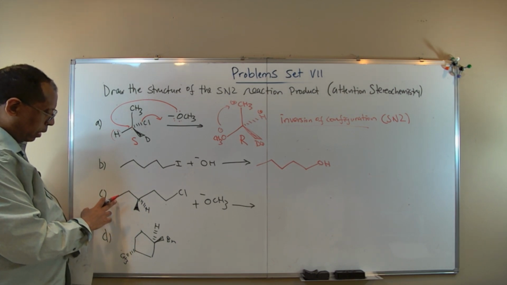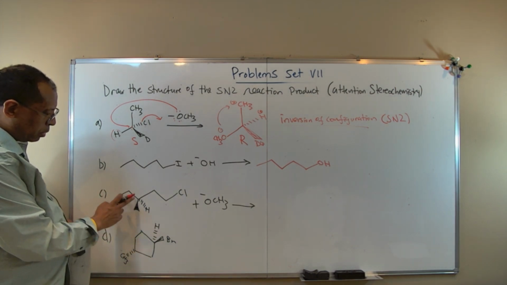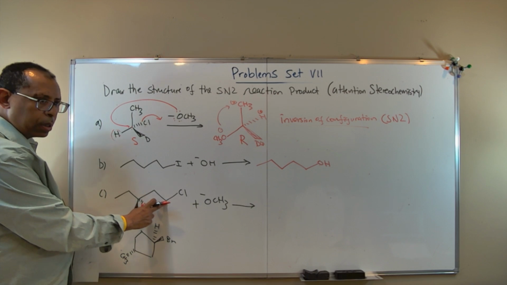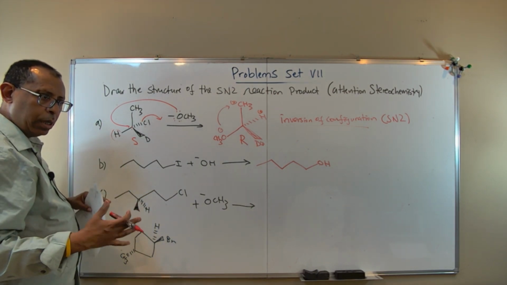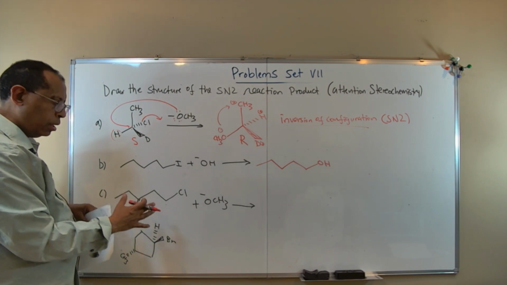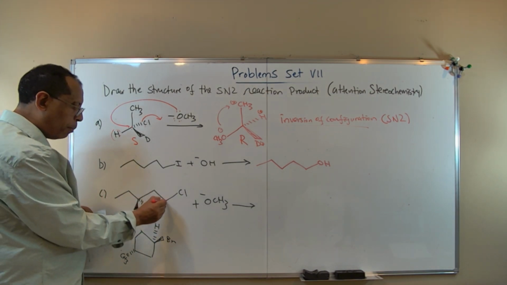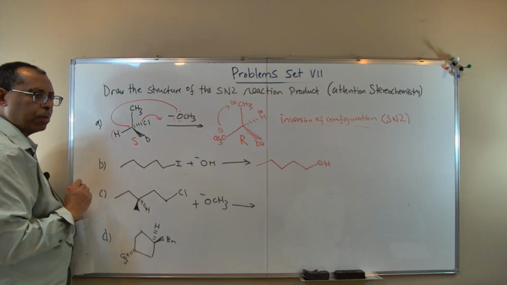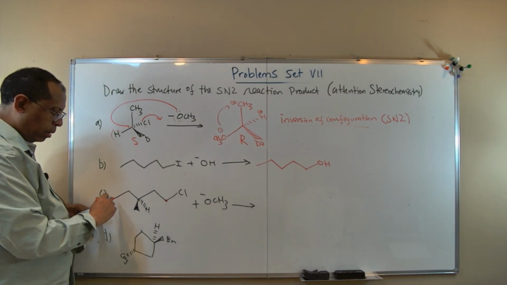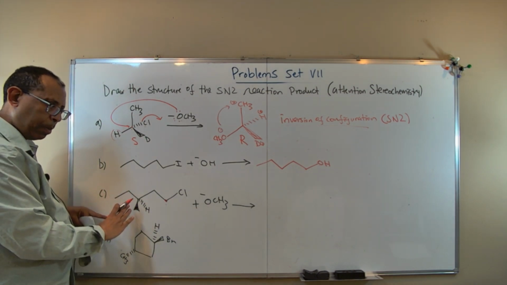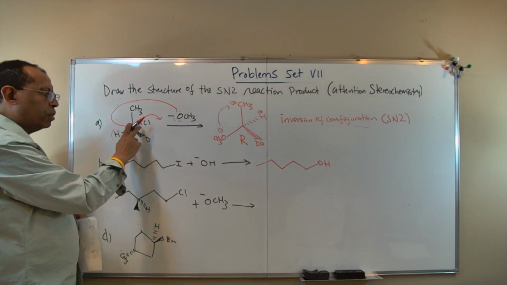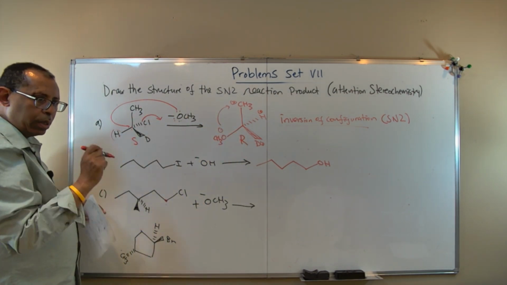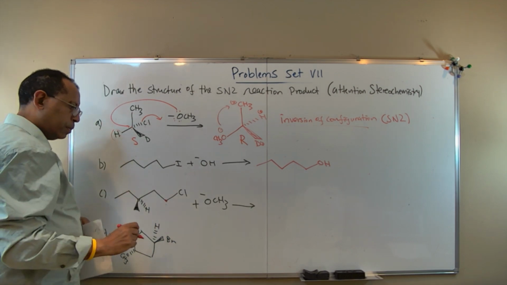Here also you have a stereochemistry on this carbon, but not on the carbon that contains the halide. So you don't change anything, because the substitution happens on this carbon, not on that carbon. So the stereochemistry still remains the same. The stereochemistry changes if the leaving group is on the chiral carbon.